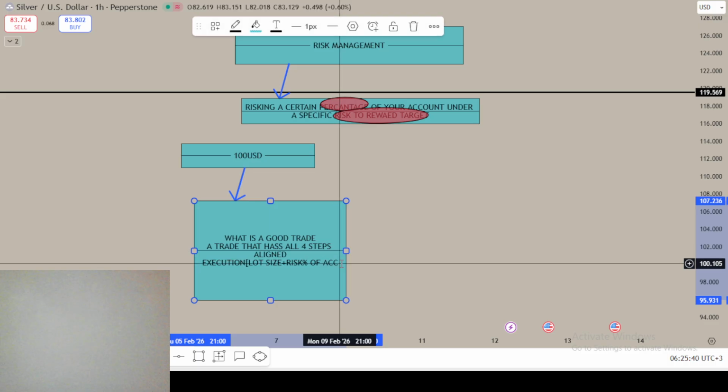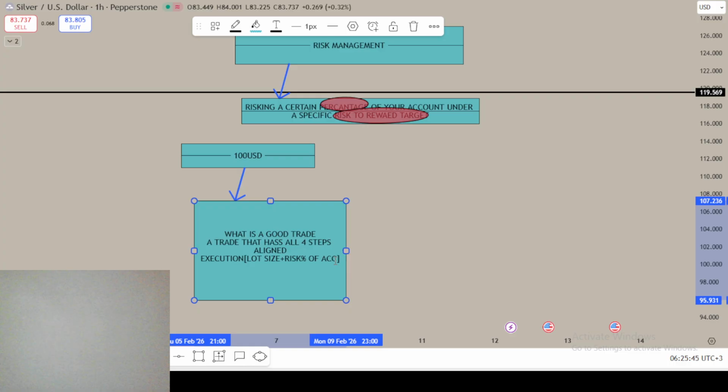That is what we call execution. The second thing that we have is stop loss placement. This is more important than anything else. Stop loss slash take profit placement.